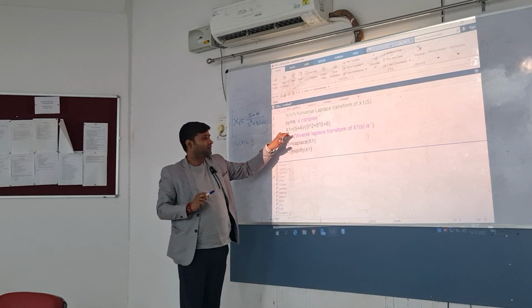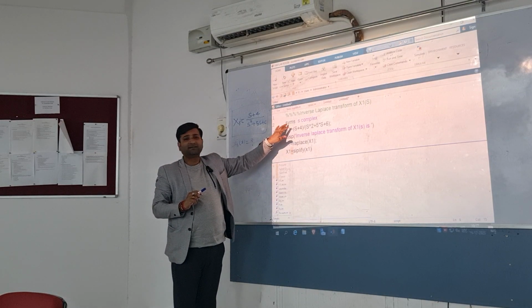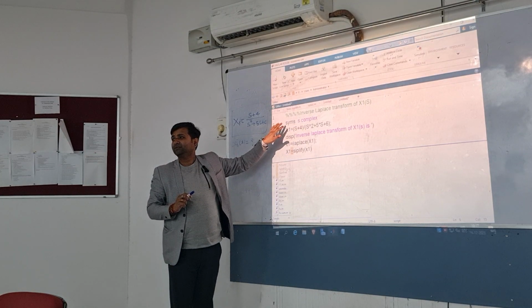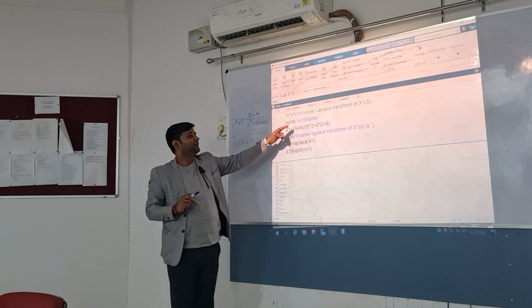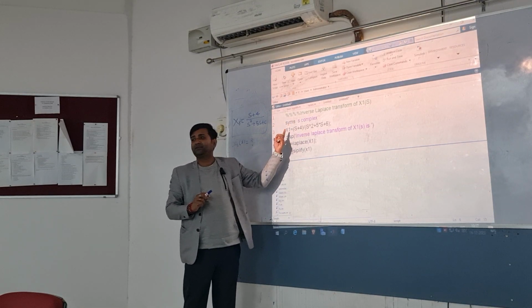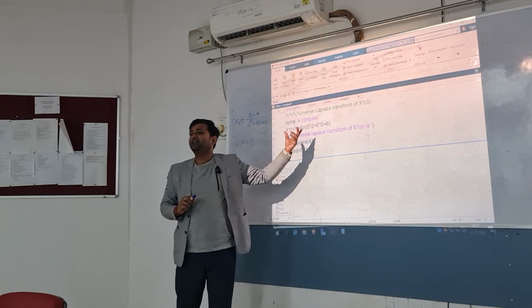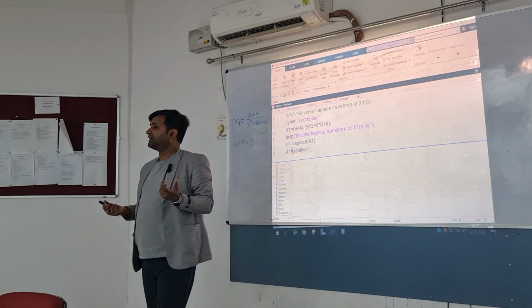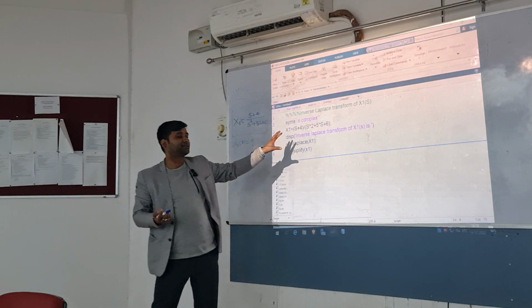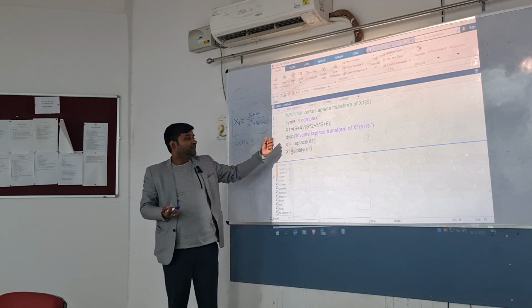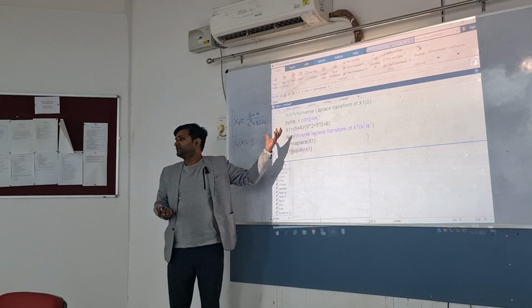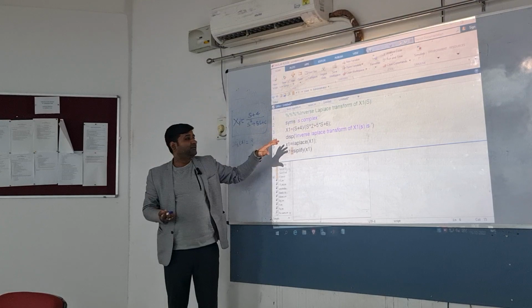Then syms s, this is a symbolic toolbox syntax. Here s is the variable. The nature of this variable is complex, that's why you declared it complex. These are the symbolic toolbox notations you declared.